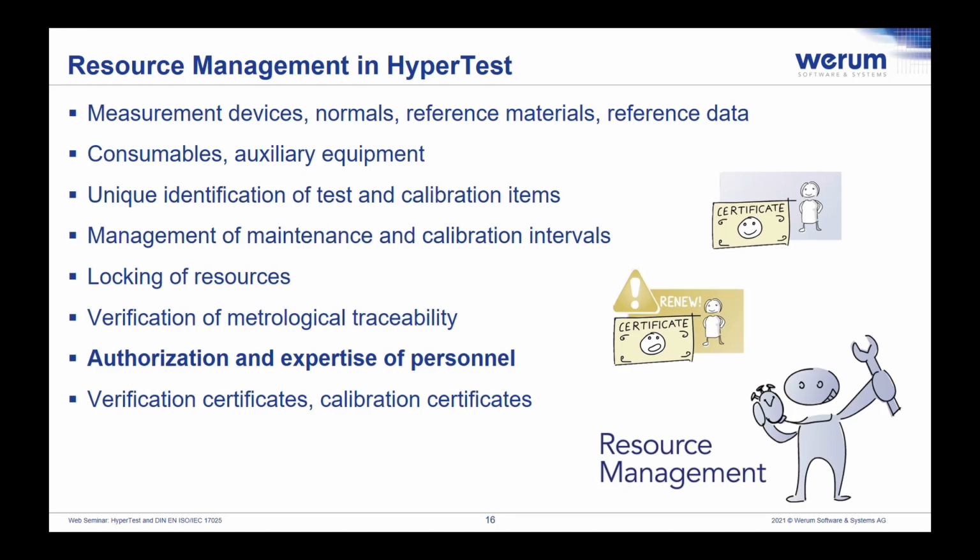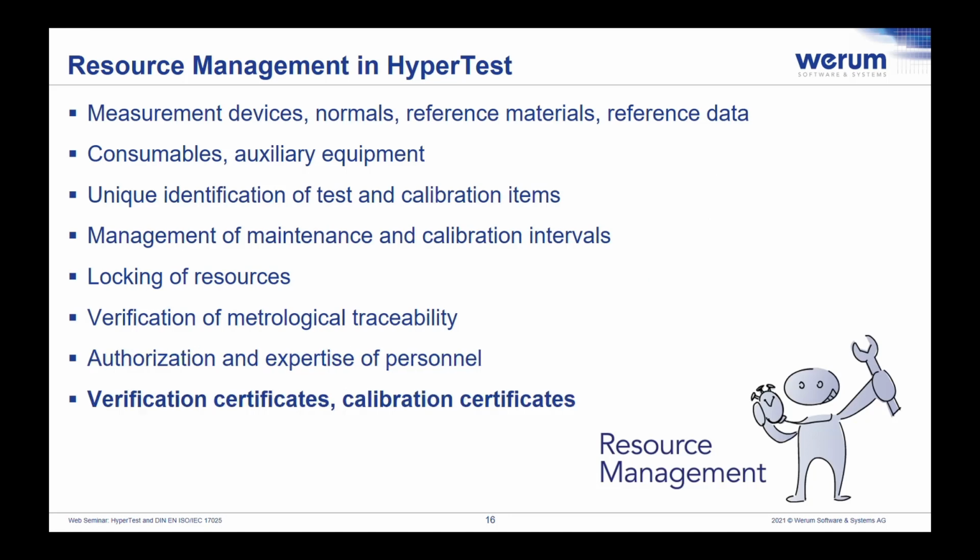Just like a measurement device is automatically locked when its calibration interval has expired, the system can automatically lock personnel resources when their certificates have expired. Any associated documents, like verification and calibration certificates, for example, are managed in HyperTest together with the associated resources.